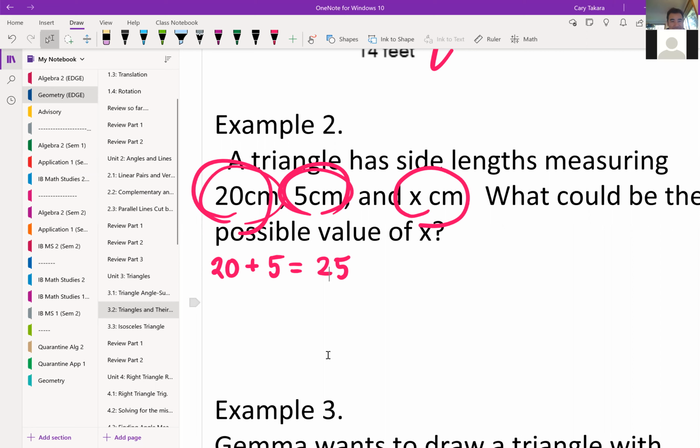Now, how did he figure out it's 15? Well, this time you're going to subtract the numbers. 20 minus 5, which is 15. In other words, x has to be less than 25, and then x has to be greater than 15, but not equal to.